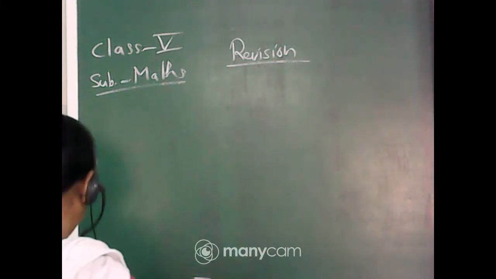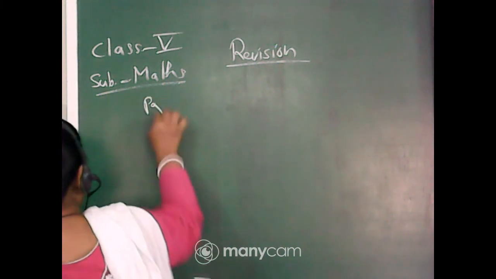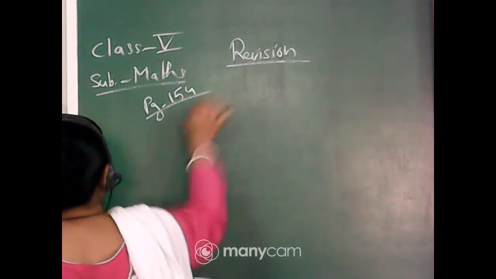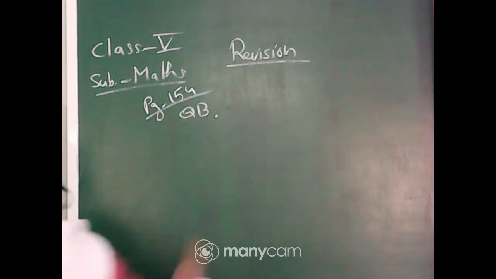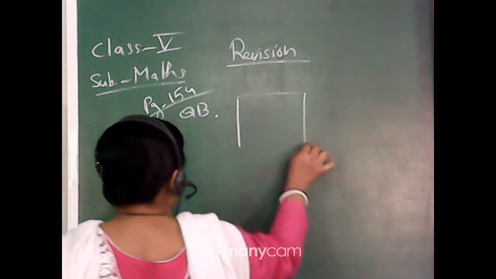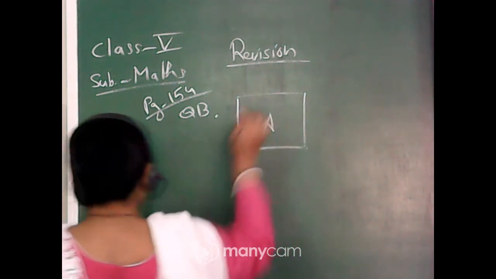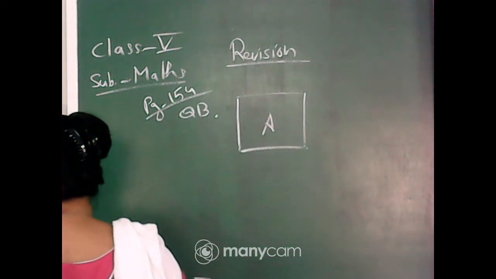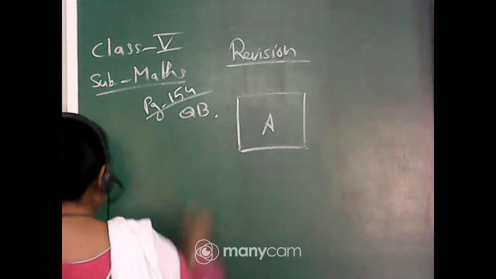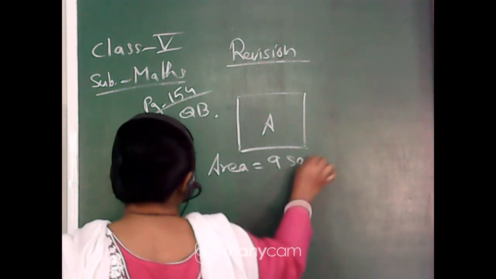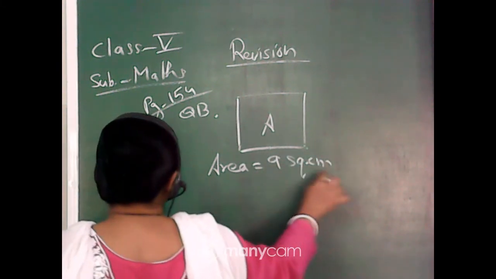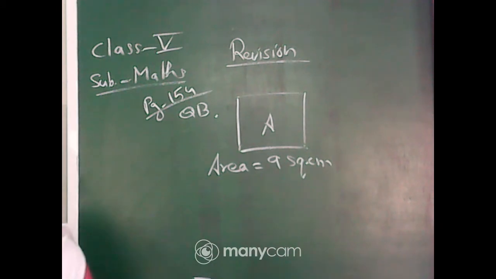See how you will do. This is page 154, question number B. Now two squares. First one square, let it be A, and here it is written that the area is equal to 9 square centimeter. As you know, when the unit is square centimeter, that means the area is given, isn't it?